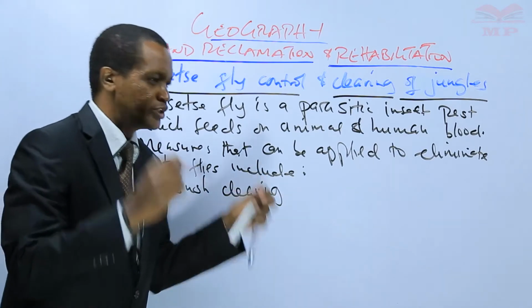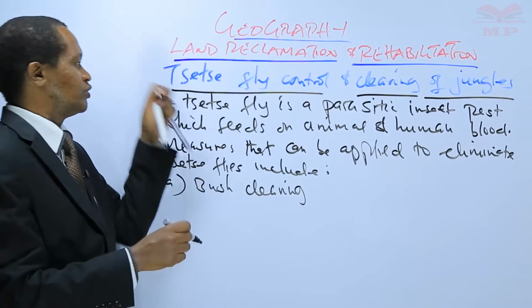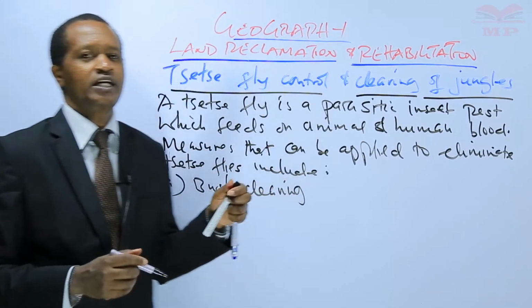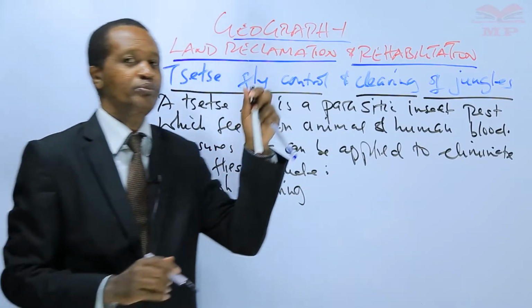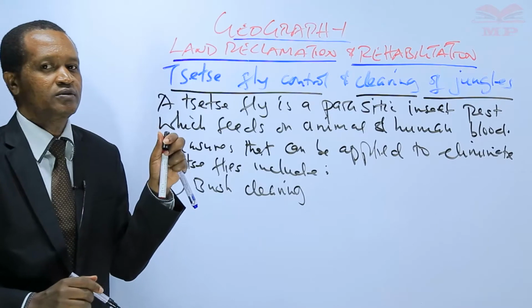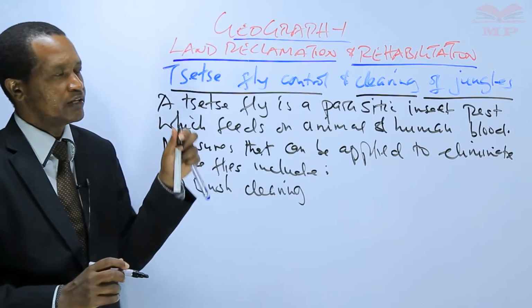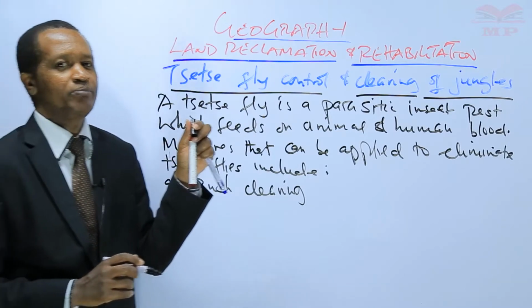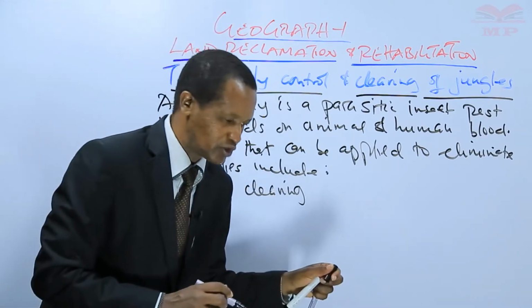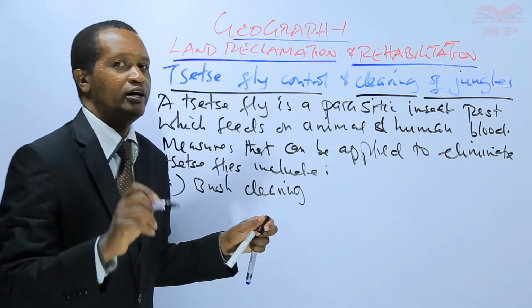We've said that bushes are the main habitat for tsetse flies. And by clearing the vegetation, the bushes, there is less humidity. So both the adult flies and the young ones, we normally call them pupae.